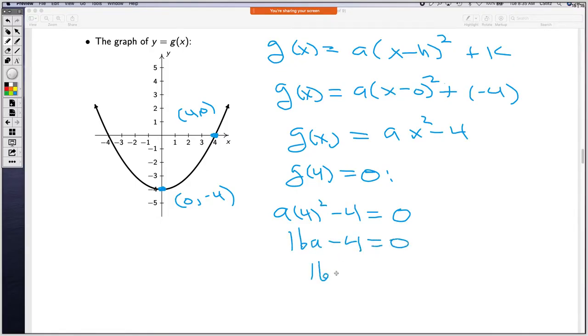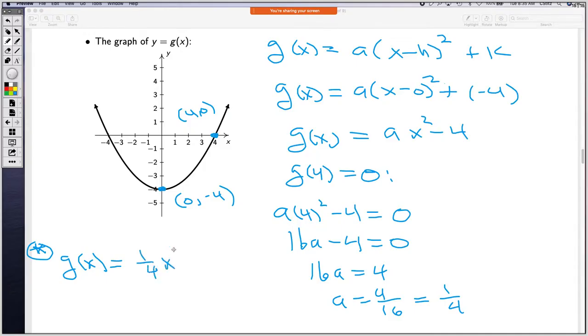Add the 4 over. Divide by the 16. We get a is a quarter. And so there's my final answer.